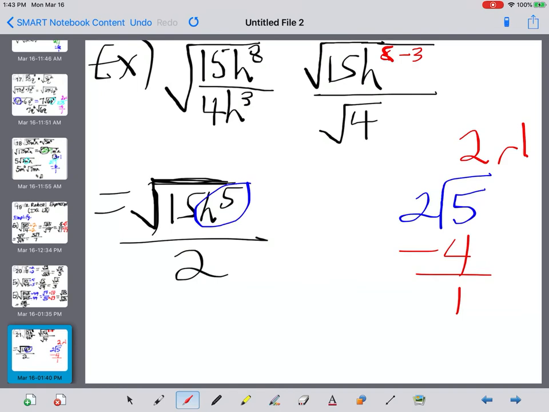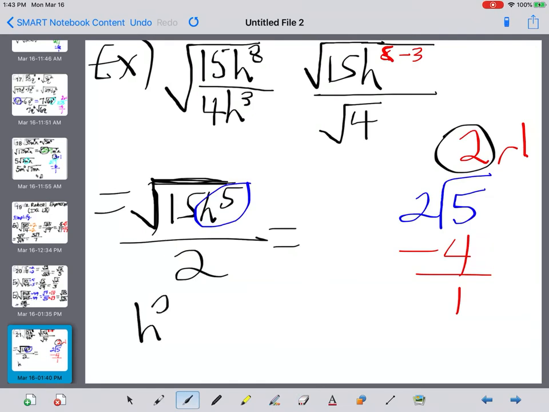So that means that, outside I'm going to have h to the second because 2 of those came out. Hold on, let's write it down here where we have more room.